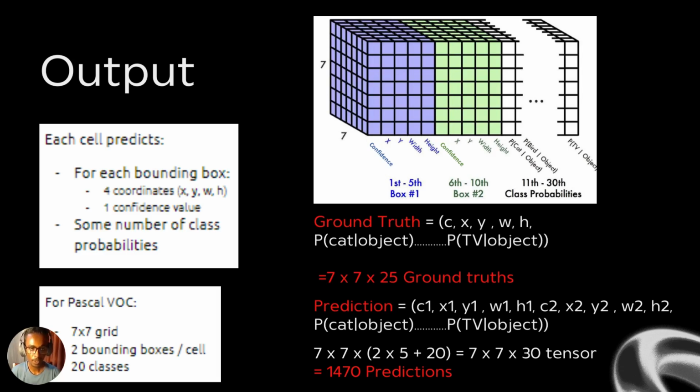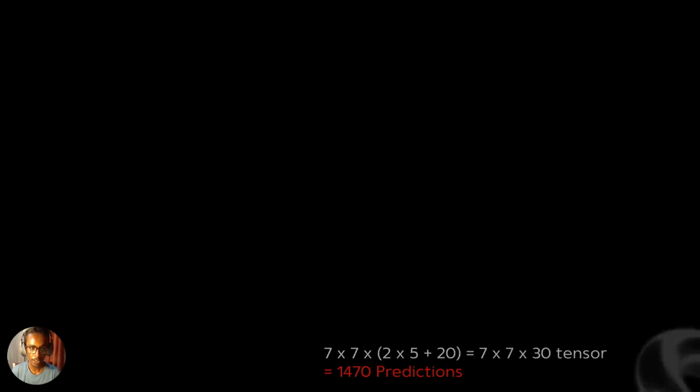And the class predictions will stay the same, which are going to be 20. So in total, for the predicted bounding boxes, we're going to predict 7x7, then we have 2 bounding boxes, each of them having 5 values plus 20 class predictions. So in total, we have a 7x7 by 30 tensor, which is shown in the image represented by a 3-dimensional structure. And in total, we're going to have 1,470 predictions.